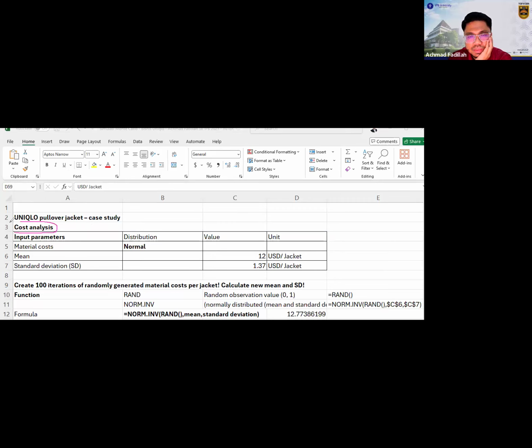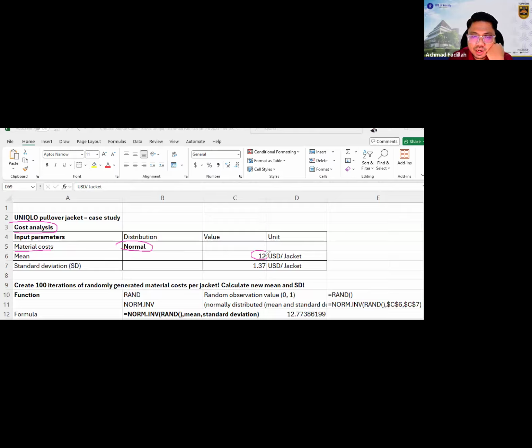We try to make an analysis of the cost of the materials. We have information that the material costs here are normally distributed, and the average or mean of the price during this period is 12.